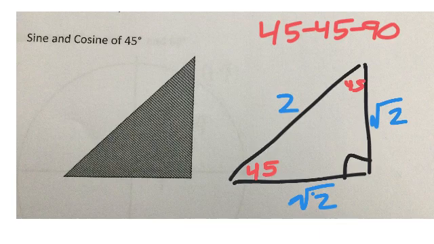How can I prove two triangles are congruent? You know what congruent means? Same.